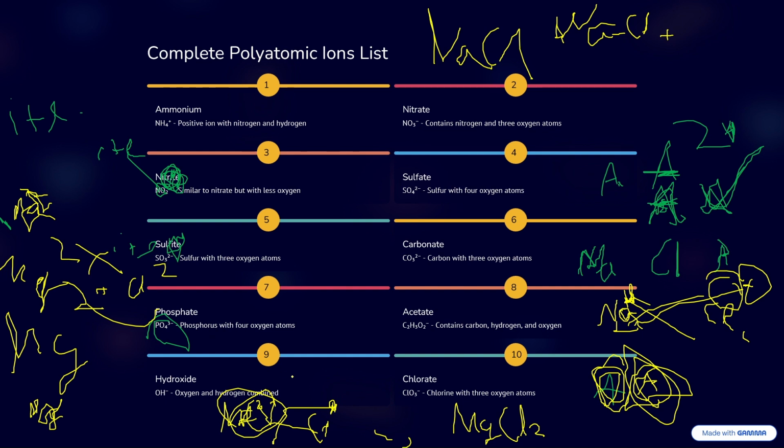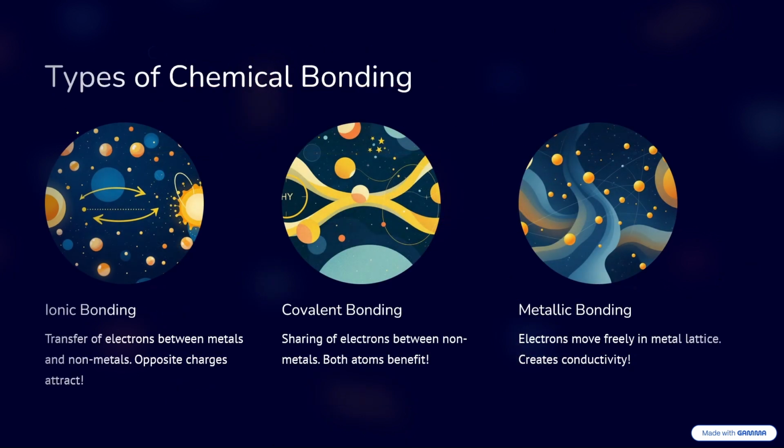Mg lost these 2 electrons, and Cl gained 1 electron, which gives its negative charge, which is participating in the chemical reaction. So valency is the number of electrons which participate, which are shared between the atoms. Remember this. I hope you have understood. If there is any doubt, ask in the comments.